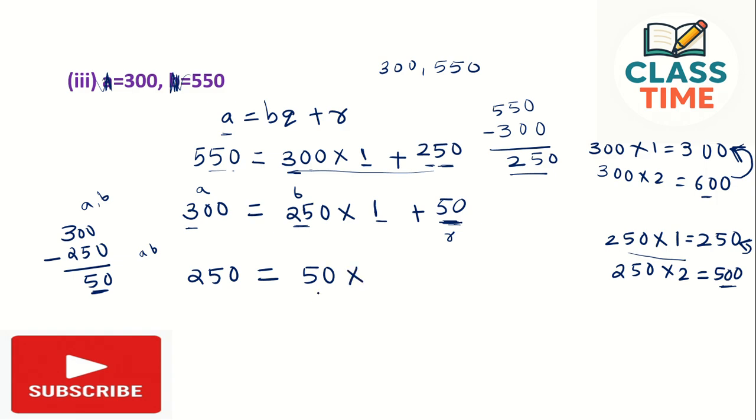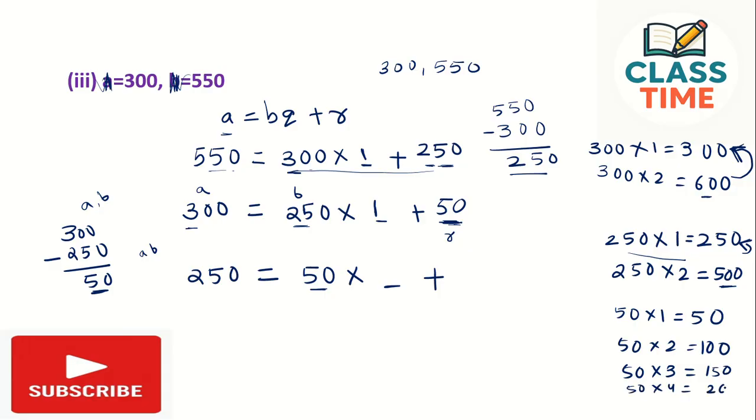Now the table which we need to consider is 50. Take the 50 table. 50 ones are 50. 50 twos are 100. 50 threes are 150. 50 fours are 200. Next, 50 fives are 250.